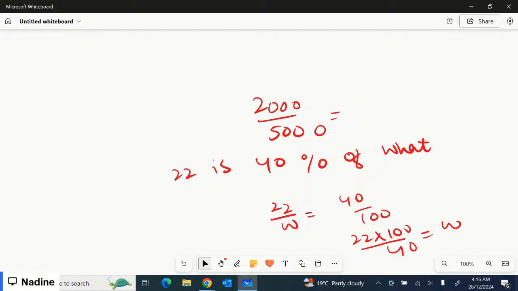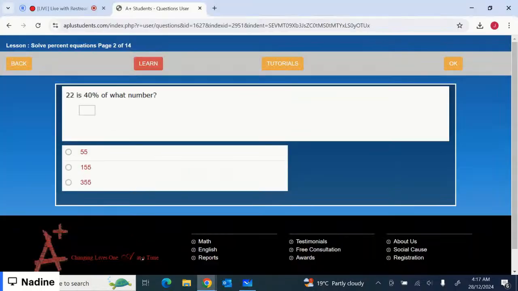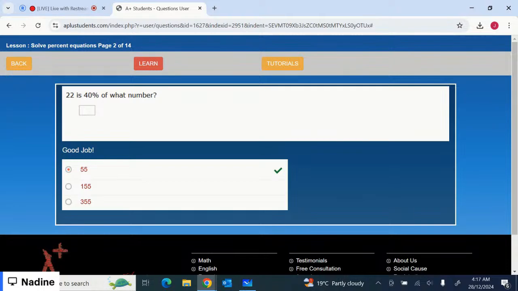That is 55. So that means 22 is 40% of 55. The correct option is 55. Option number 1 is the correct option.